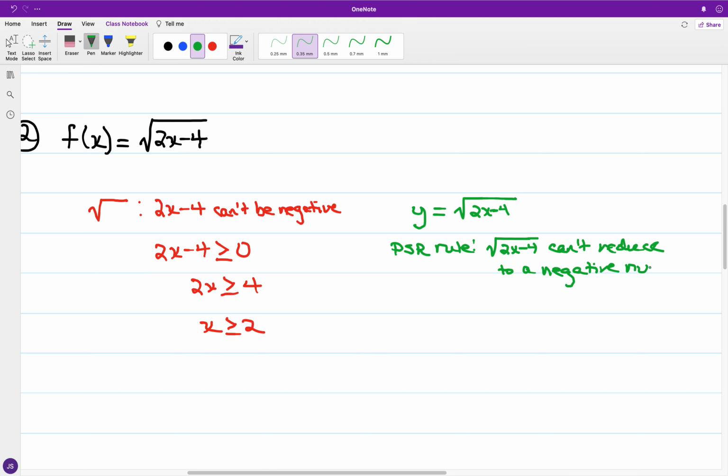It can reduce to 0 as well as to a positive.